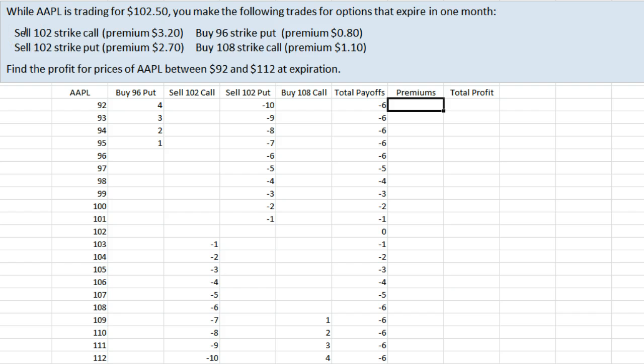And again, we have to look at whether we have purchased the option or sold the option. When you buy something, whether it's an option or milk or whatever, you pay its price. So we have 2 options here that we're paying the premium. When you sell something, you receive the price. So in this box here, we are receiving a premium of $3.20.